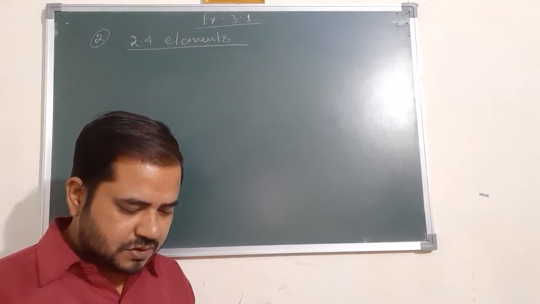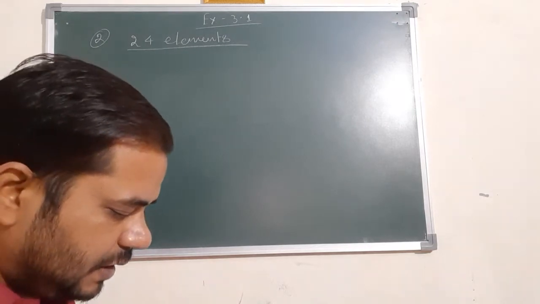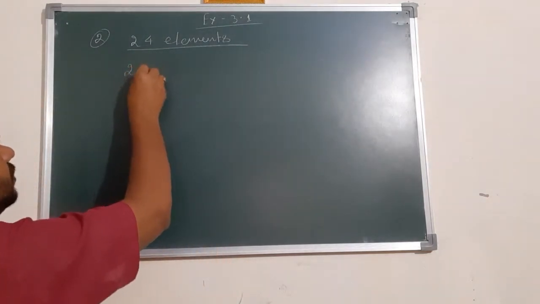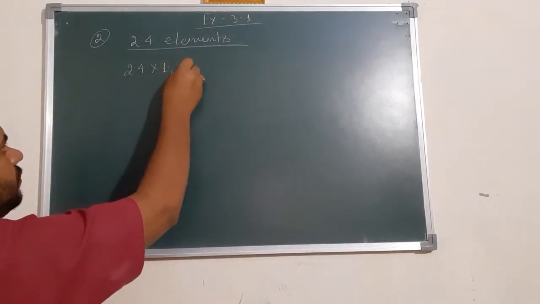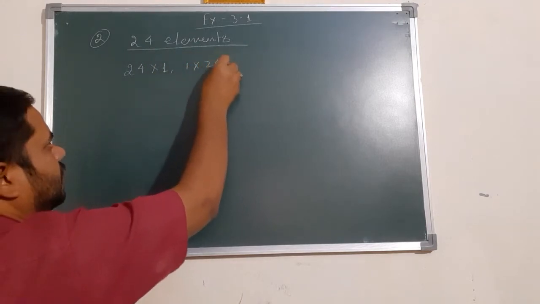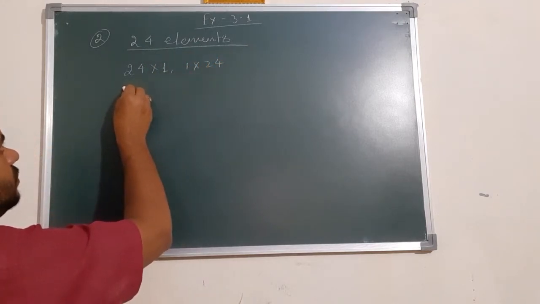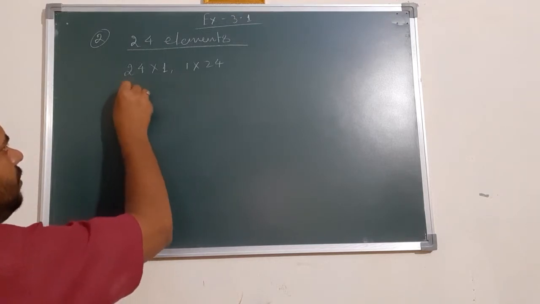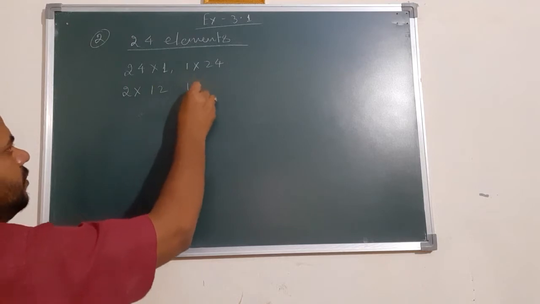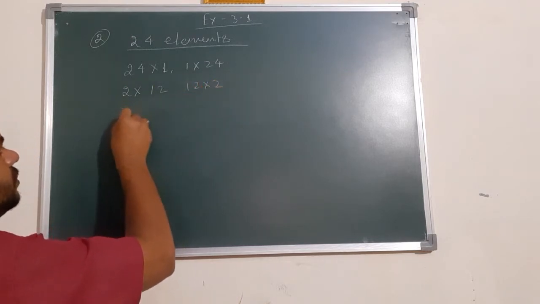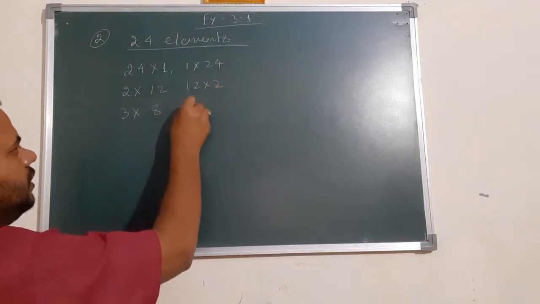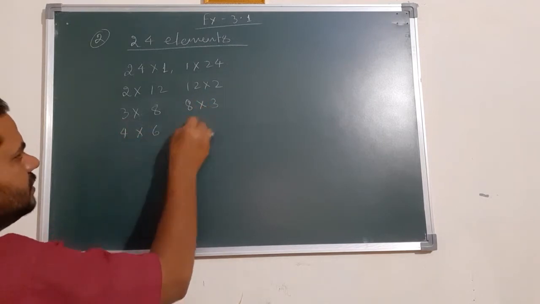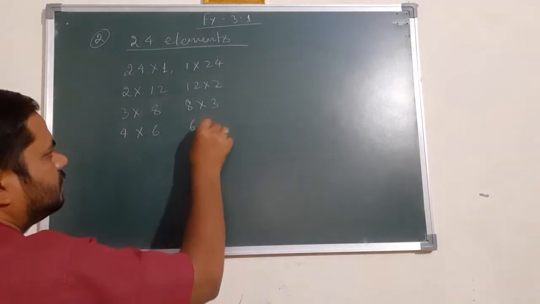So if 24 elements are there, then first 24 into 1, 1 into 24. And also 3 into 8, 2 into 12, 12 into 2, 8 into 3, and then 4 into 6, 6 into 4.